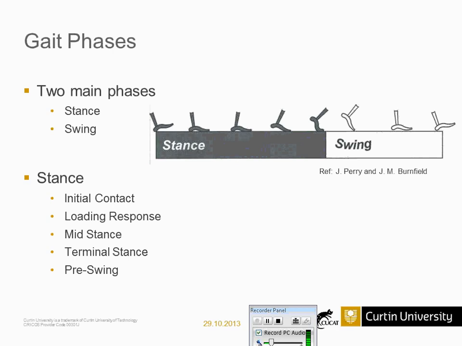There are certain areas where both legs will be in touch with the ground in the stance phase. We will look at those later on. There are sub phases, 8 altogether: 5 stance sub phases and 3 swing sub phases.